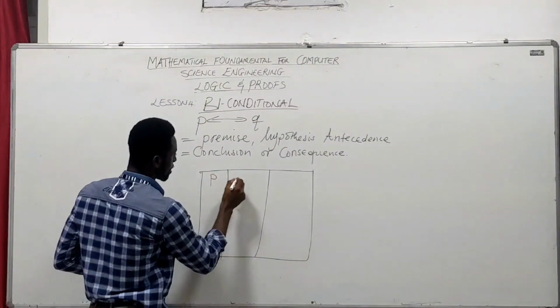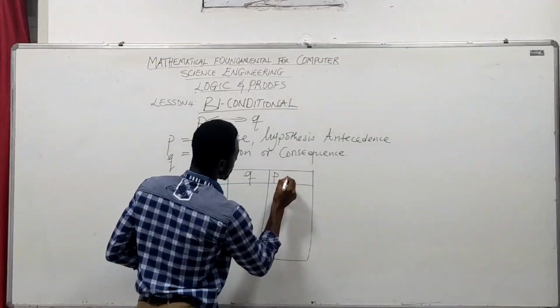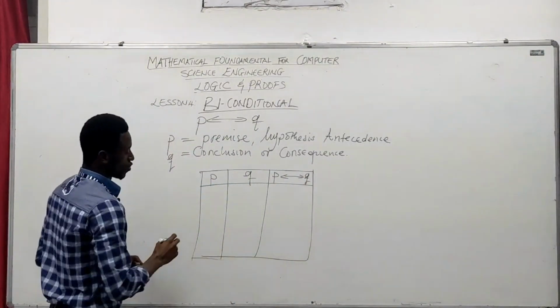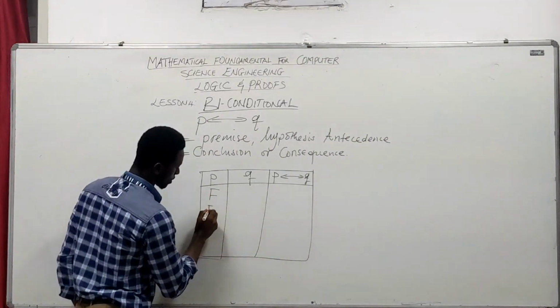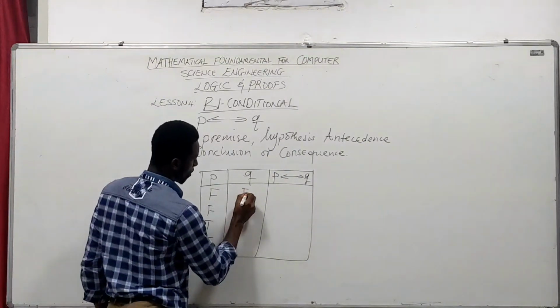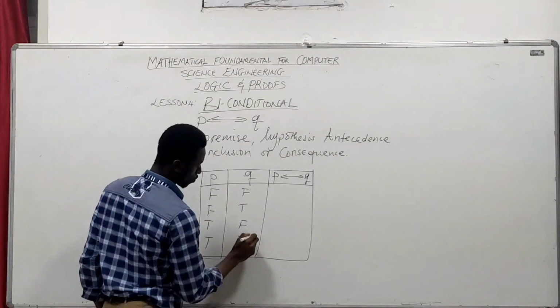So let's see an example of the truth table here. Here we have P, Q, P double implies Q. As usual, we have false, false, true, true, and here false, true, false, true.